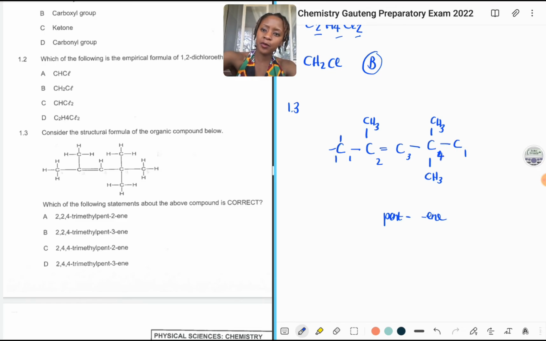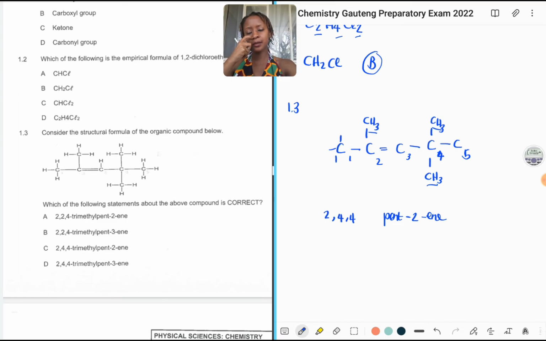So that will be 4 and that will be 5. So I know pent-2-ene. And then I have methyl groups. We have the first one here on carbon 2, and then the second and the third on carbon 4.